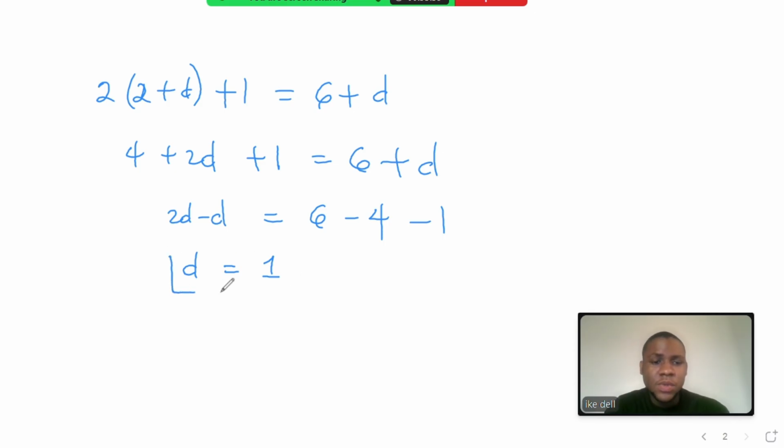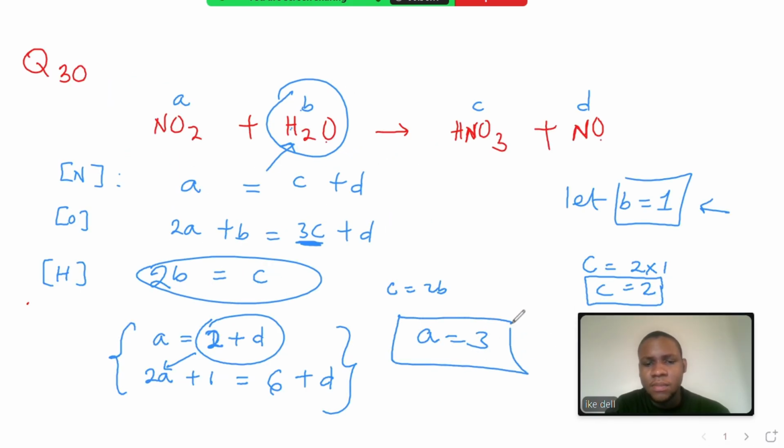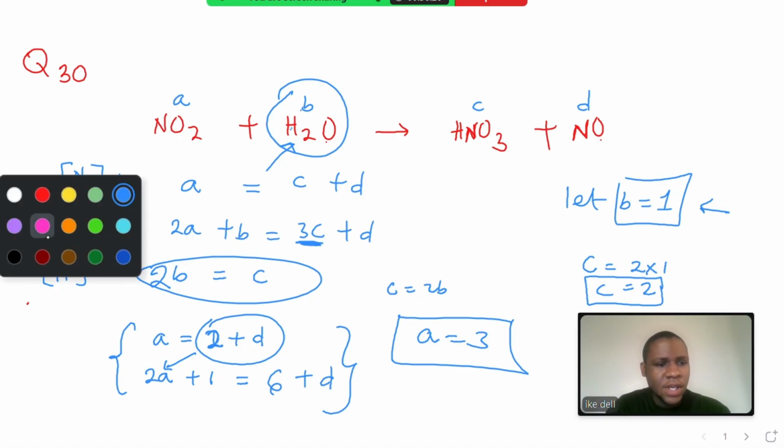Okay, so that's how this works. We've gotten our D now. We've gotten A, have we? No, not yet. A is 2 plus D. So A is actually 2 plus whatever D is. So we've gotten our A, we've gotten B, we've gotten C, we've gotten D. It's just to place it in there as our coefficient, and that will be all.